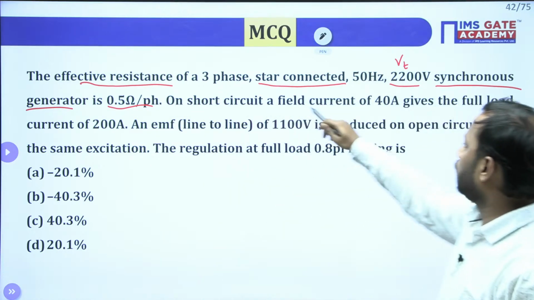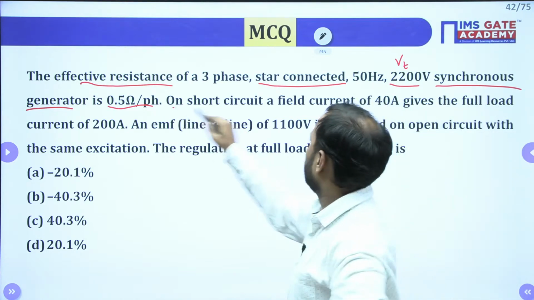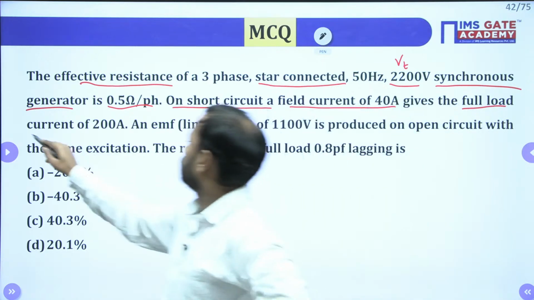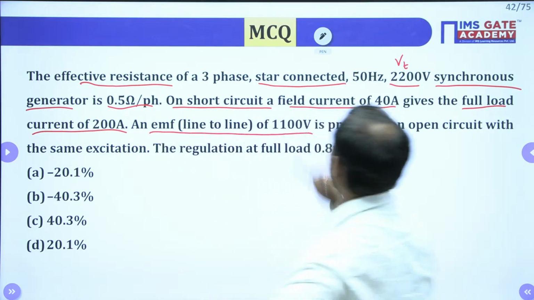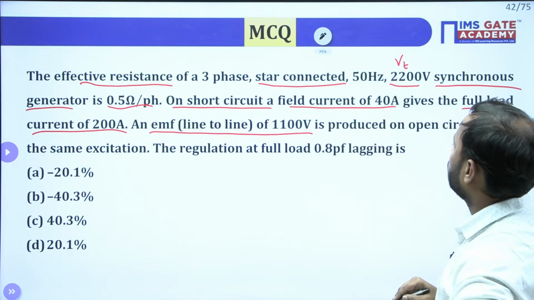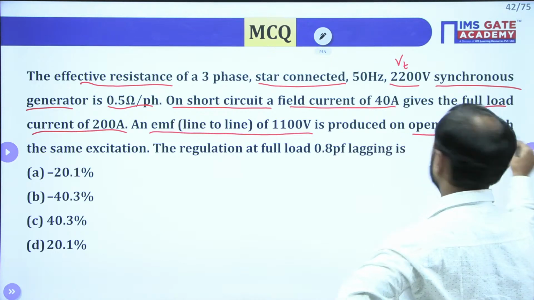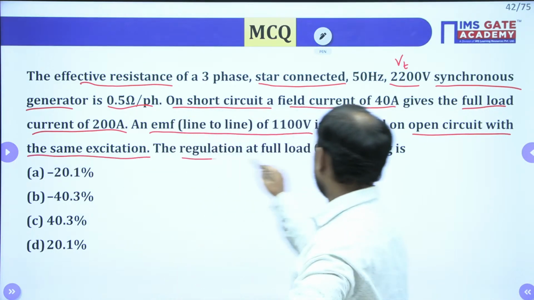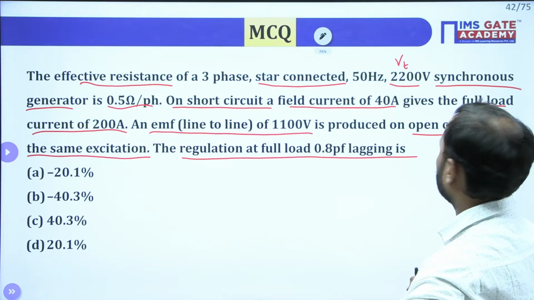On short circuit, a field current of 40 ampere gives full load current of 200 ampere, and an EMF of line to line 1100 is produced on open circuit with the same excitation. The regulation at full load 0.8 power factor lagging is?